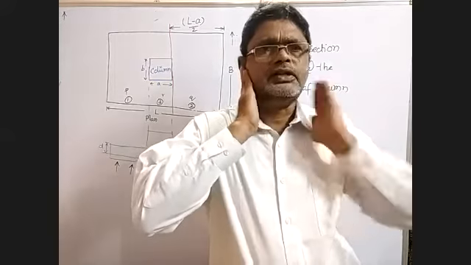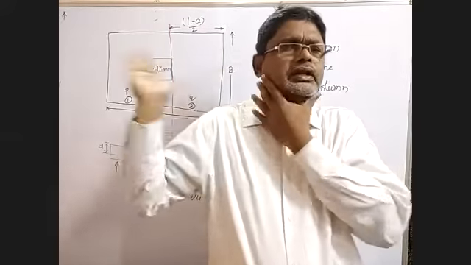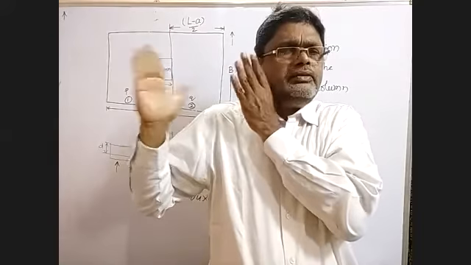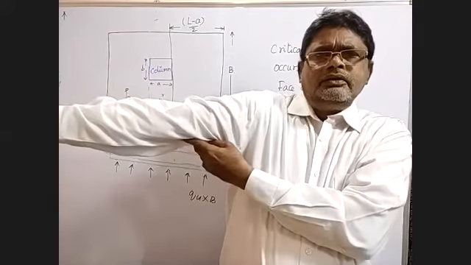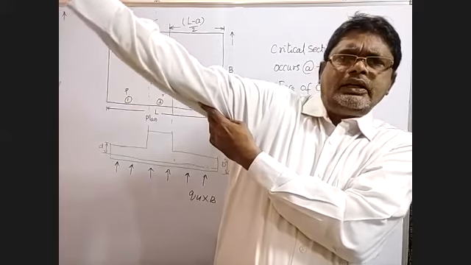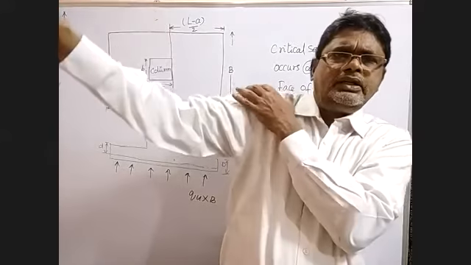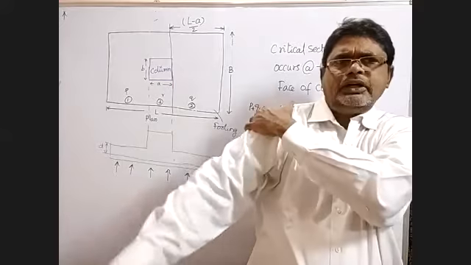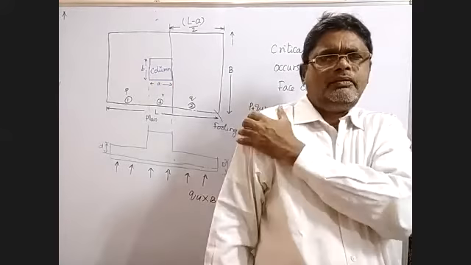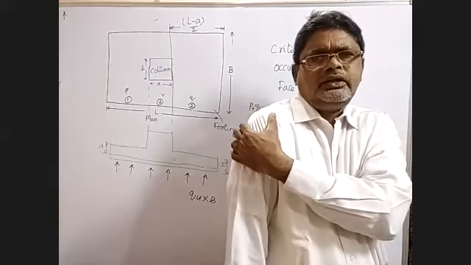This is one face, this is another face. Now take this right side. So here you have a footing. When the upward pressure is acting like this, the critical section occurs here. Suppose for my hand the critical section is here, the joint.